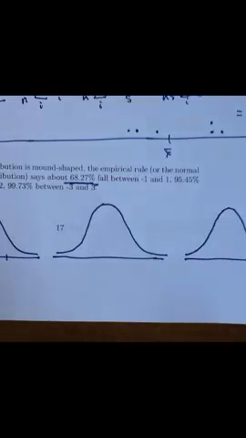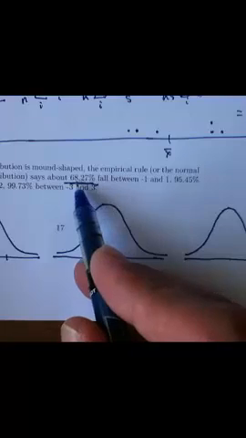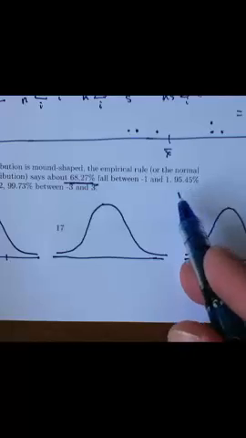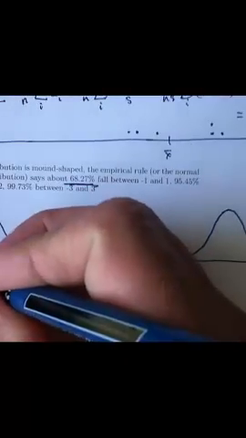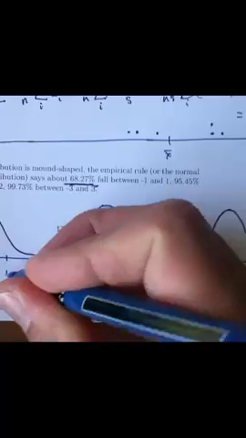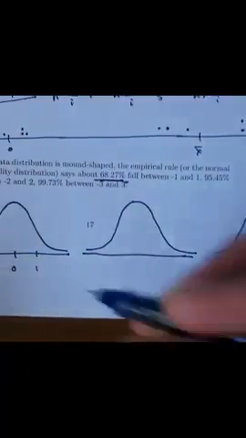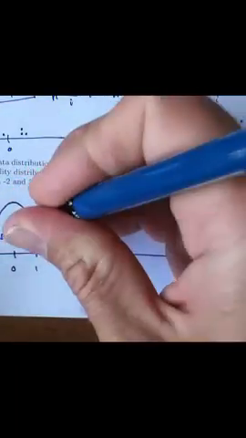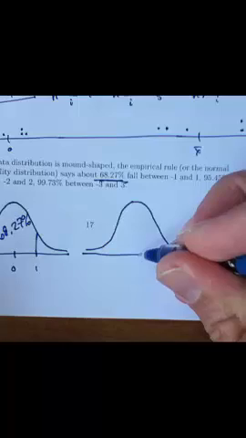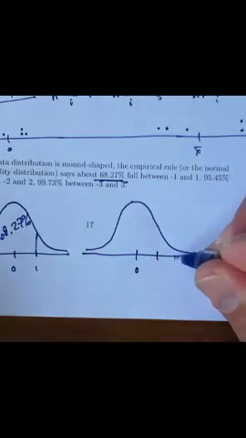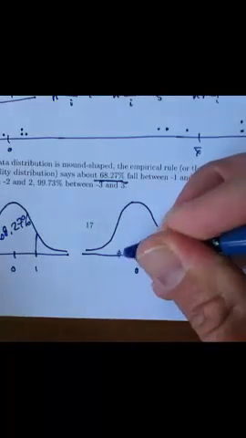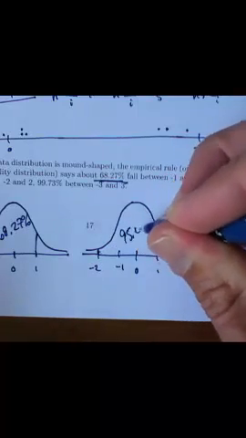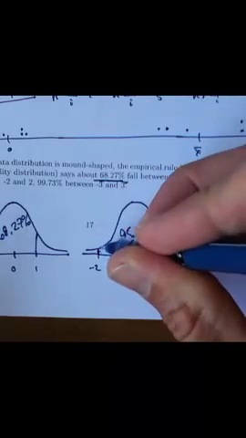It's equivalent to saying that 68.27% fall within 1 standard deviation of the sample mean, or 95.45% fall within 2 standard deviations of the sample mean, and so forth. So once you standardize the data, about 68.27% fall in there. And here's 1 to 2. About 95.45% fall in there.